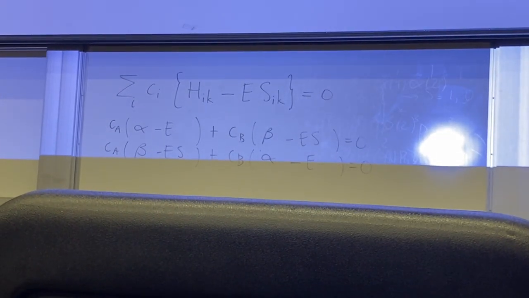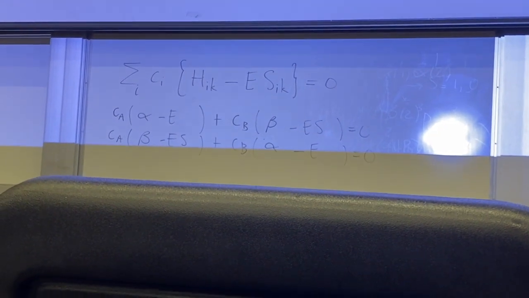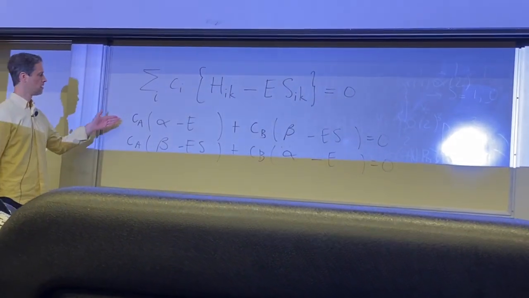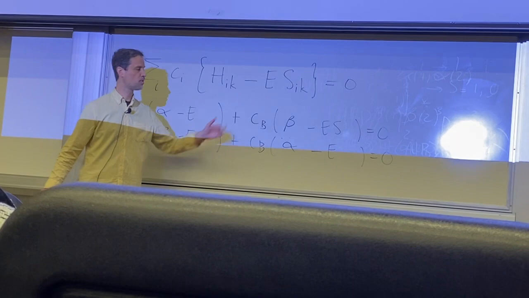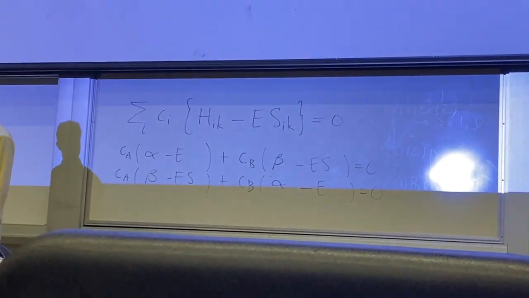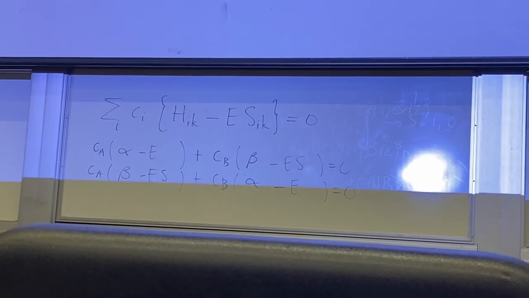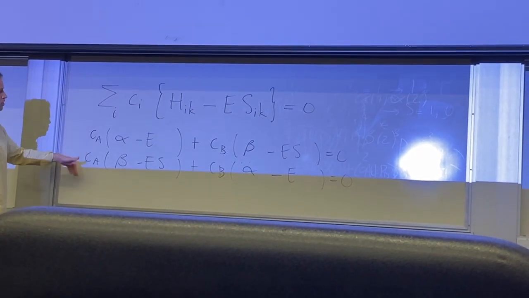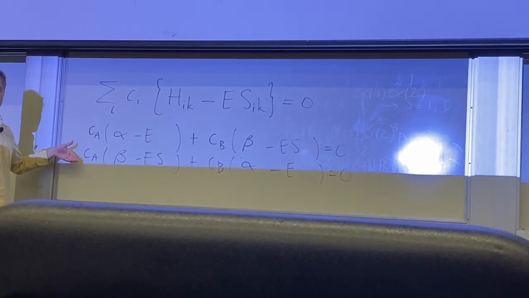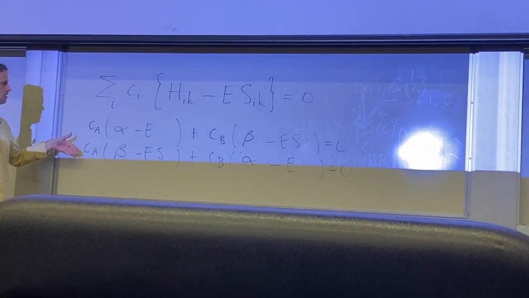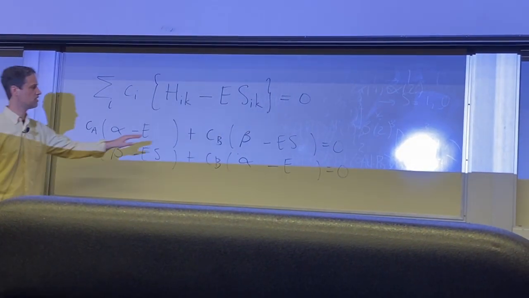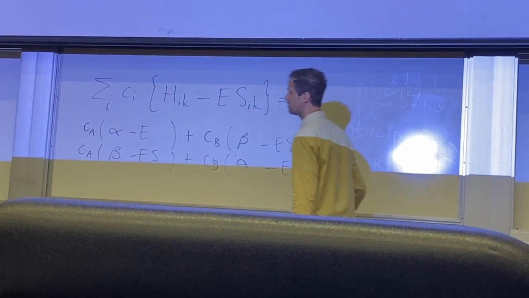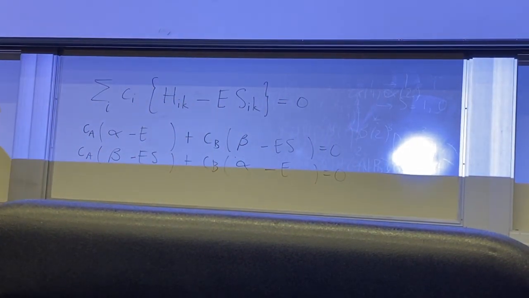Now, if I apply what I know about this problem, because I know that c_A and c_B for the bonding orbital are both 1, and if you do that, you can see that these two equations are basically the same. So if c_A and c_B are 1, then the equation is actually very simple. Let's write it over here.